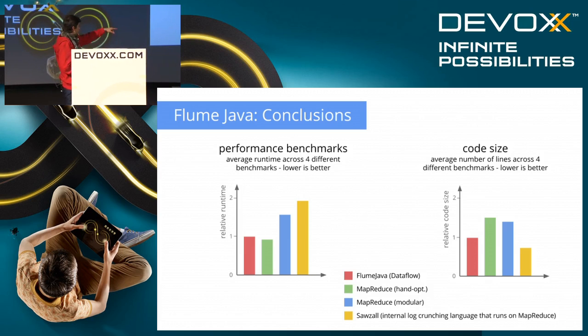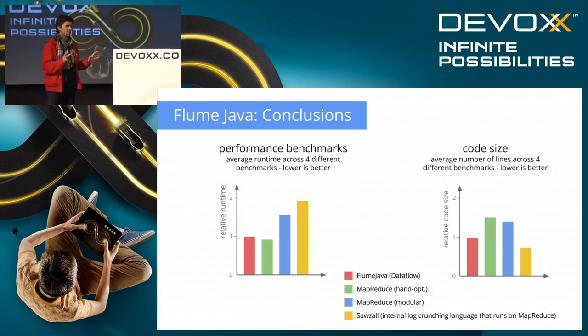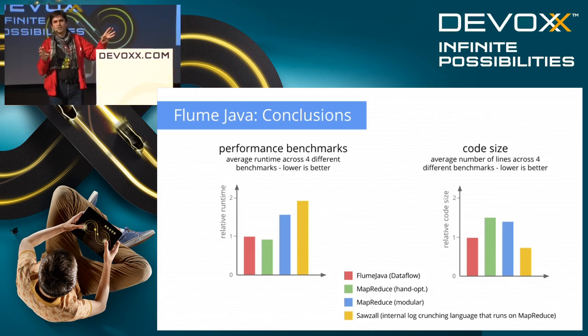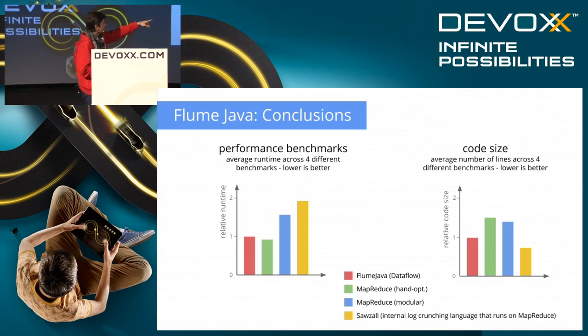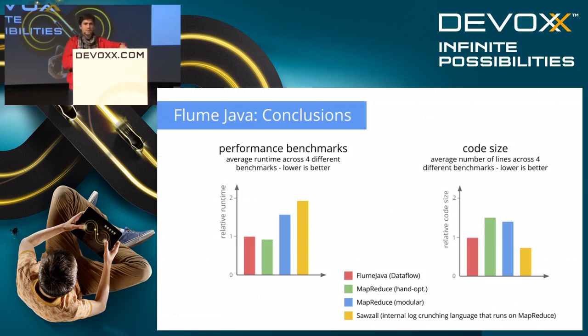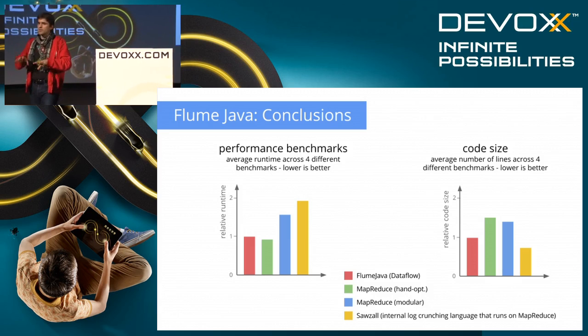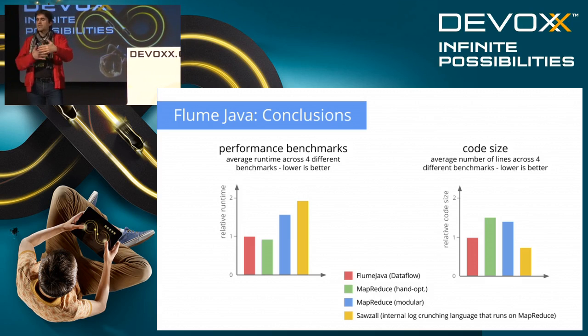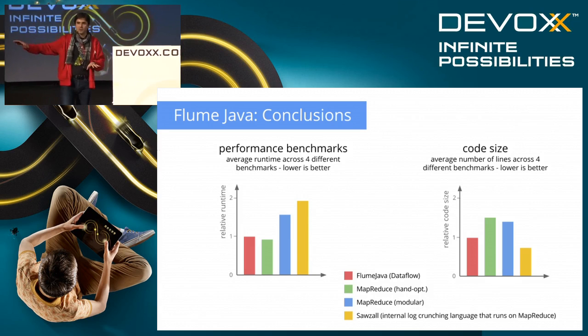And there is an interesting comparison to Sawzall, which is not completely an apples and pears comparison. Sawzall is a DSL for processing logs that we have at Google. So you see that on code size, it's actually very efficient. If your problem is processing logs, the processing can be written in few lines, and Sawzall executes on MapReduce.